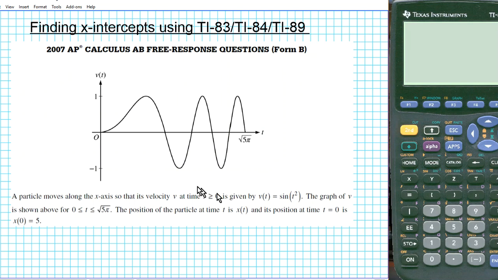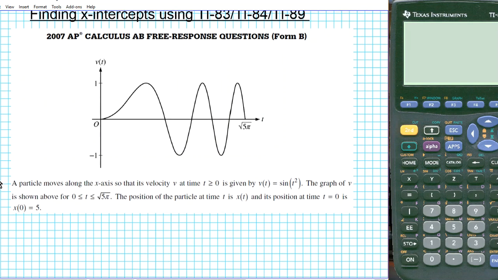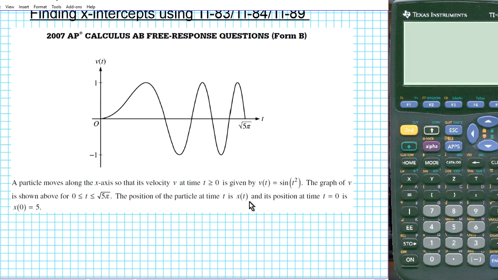So the question that we're going to be addressing in this presentation is, at what times is the particle at rest?